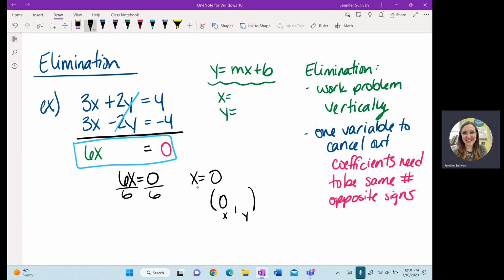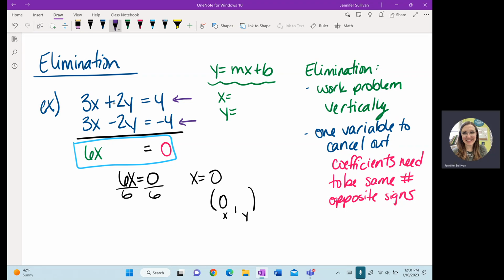Now, once we solve for one of the variables, just like last time, we have to go up and substitute it somewhere. When we're substituting, we can go into either one of the original equations. So you see how I erased my cancel line because I have to go back to the original. And it doesn't matter which one I go into, you can pick.